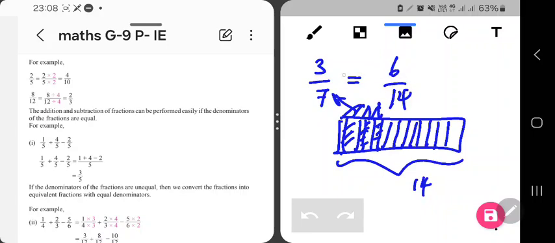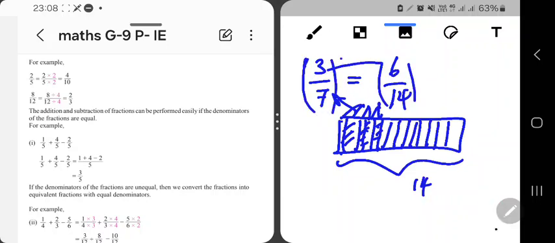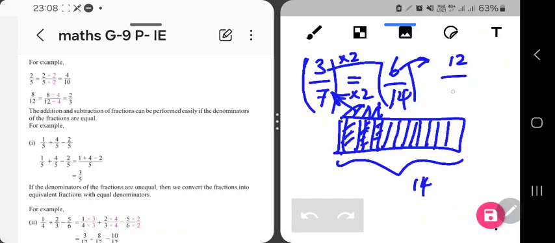So how can we deduce this? Basically you can multiply 3 by 2, you get 6, and 7 by 2, 14. Same thing, if you multiply this by another 2, 12 over 28. All of these are the same fractions.